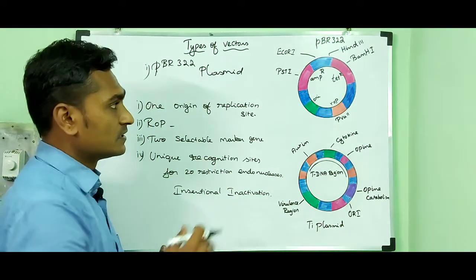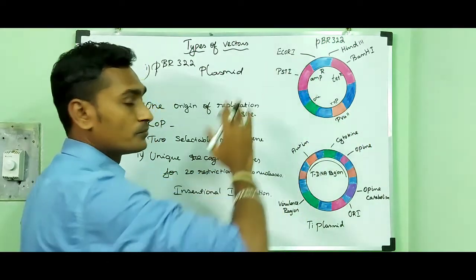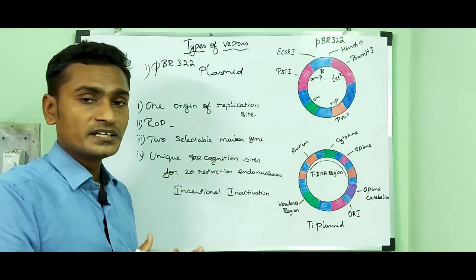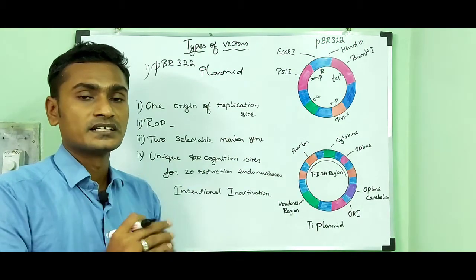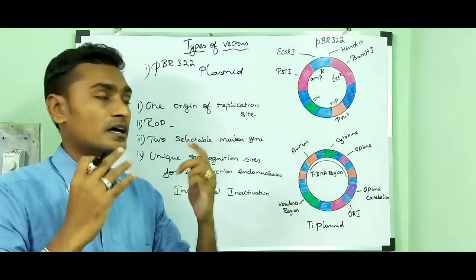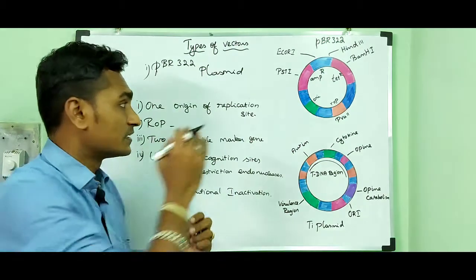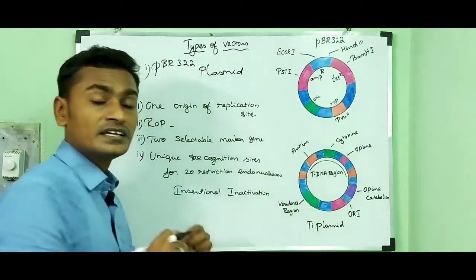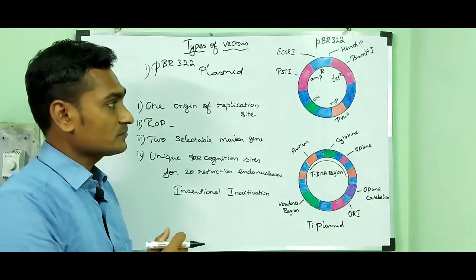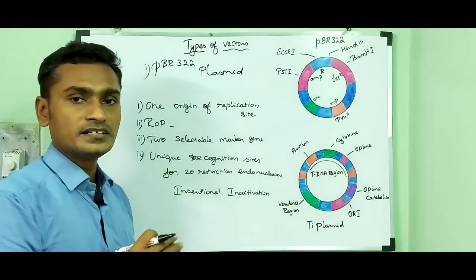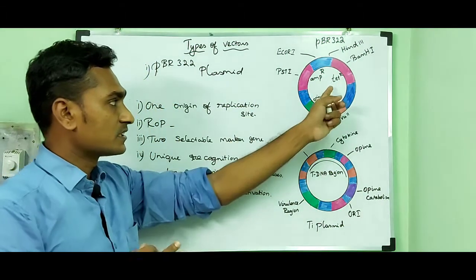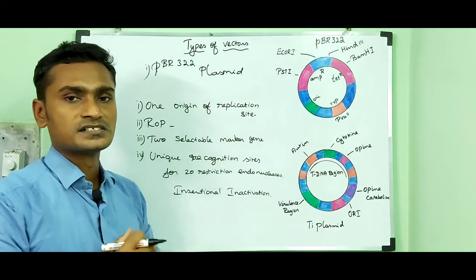That means this plasmid is not able to grow in the culture which contains the antibiotic ampicillin, because the ampicillin resistant gene gets inactivated. But it can resist the tetracycline antibiotic, because it contains the tetracycline resistant gene.